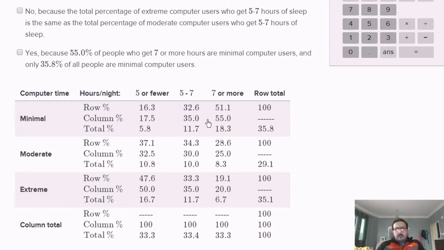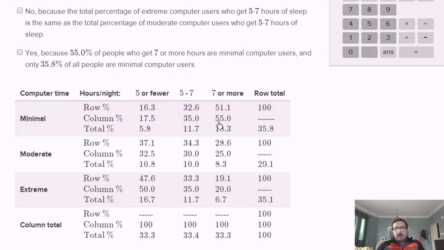So just looking at each of these rows, it looks like there's a trend where if you use a computer for less time, you're more likely to have more sleep. And likewise, if you use a computer more, you're more likely to have less sleep. Another way to think about it, when you look at the people who are getting 7 or more hours of sleep, a majority of them are minimal computer users.